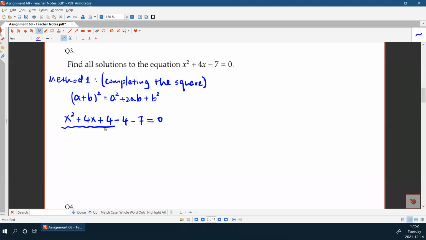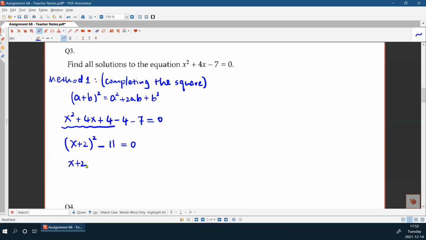So x squared plus 4x plus 4 is x plus 2 squared, right? If you verify this by expanding it, you will find x squared plus 4x plus 2 squared, which is 4, which is exactly the first part, right? So remember that you can always verify by expanding it. And then minus 4 minus 7 is minus 11, right? And this equals 0.